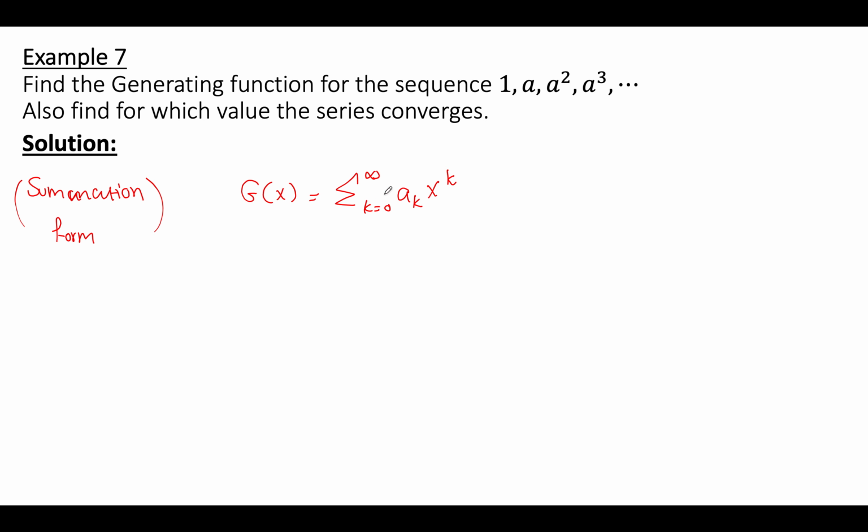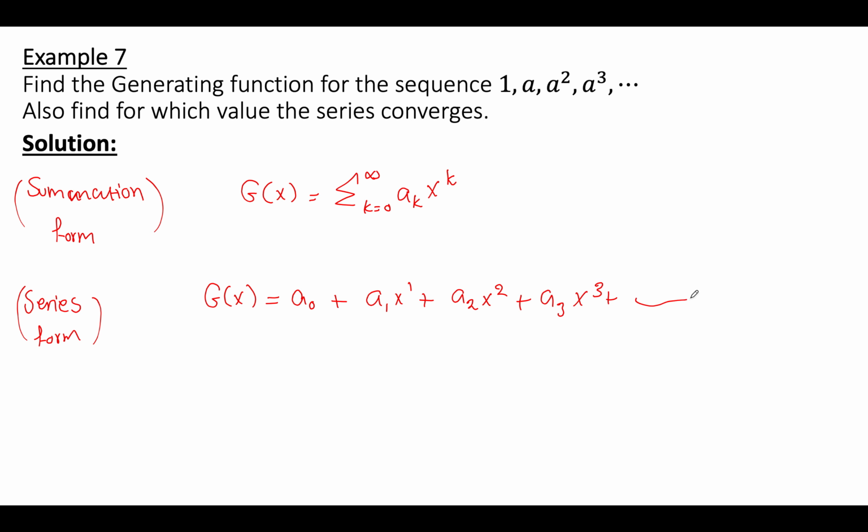Okay, this produces the series form where g(x) is equal to a0 plus a1 x to the power 1 plus a2 x to the power 2, a3 x to the power 3, and so on. Now all we need is to substitute the value of a by the values in the sequence here.